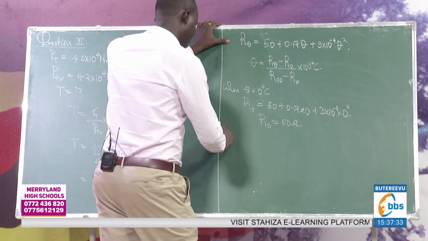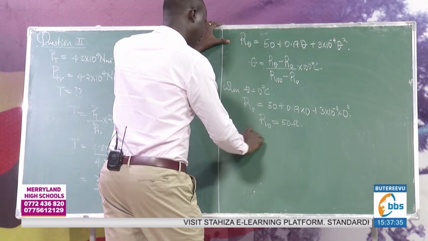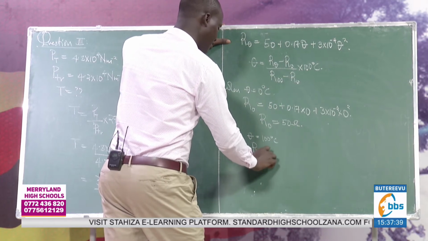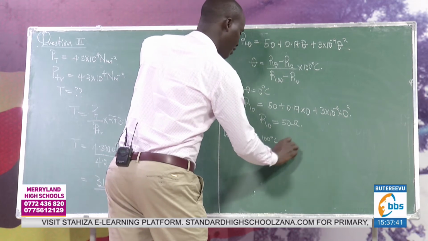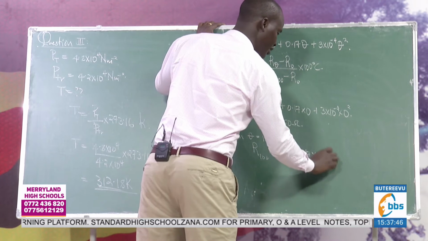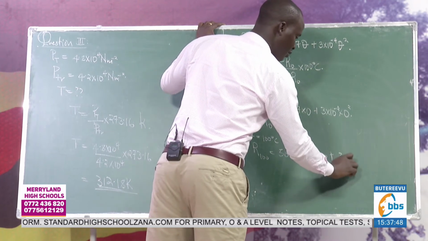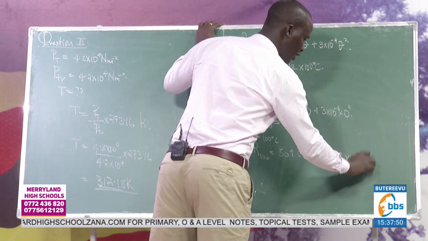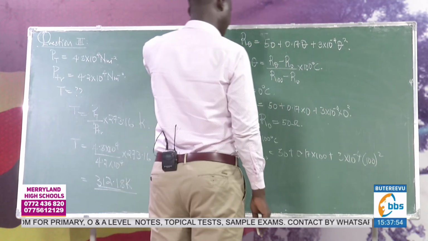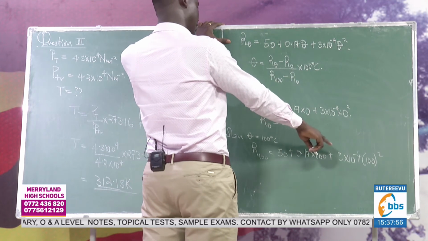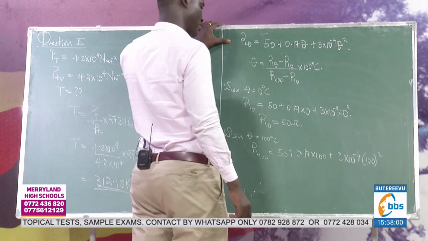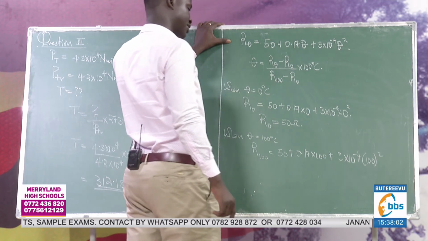Then, what will the resistance be at the steam point? At the steam point, the resistance would be 50 plus 0.17 multiplied with 100 plus 3 exponent minus 4 multiplied with 100 squared. 100 squared is 1 exponent 4.